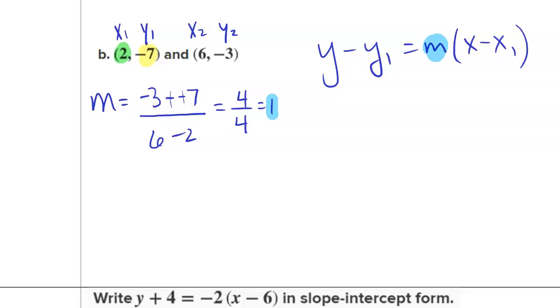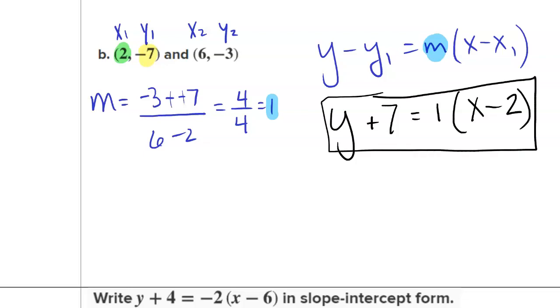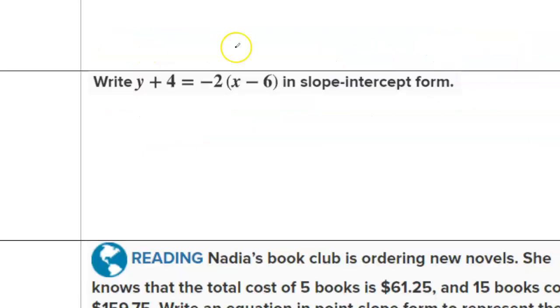So our final answer would be y minus negative 7 equals slope of 1 times x minus x1, which is 2. So plug in a 2 there. We have minus a negative here, so I am going to choose to make this a plus. And there we go. There's my point slope form.